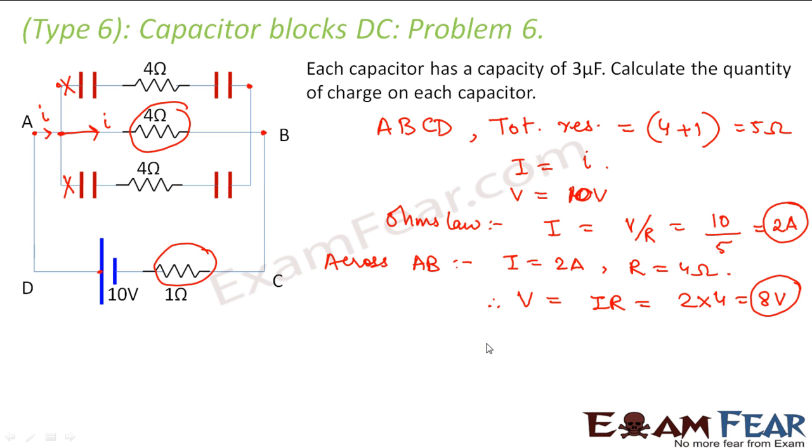So now once we know the potential difference across AB, we can calculate the quantity of charge on each capacitor. Whatever is the potential difference across AB, the same potential difference exists across this, and the same potential difference exists across this, right? And the capacitance of the capacitor is already given. So I think you can now easily calculate the value of the charge on each capacitor.